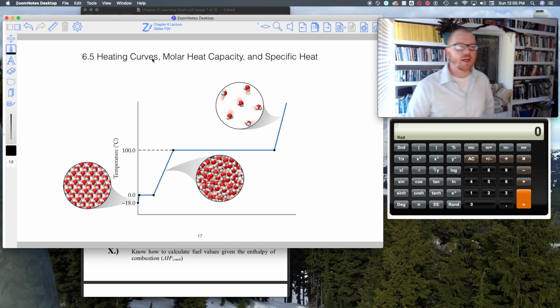Let's go back to our example of boiling and melting water. It's my favorite example. Water is my favorite molecule.